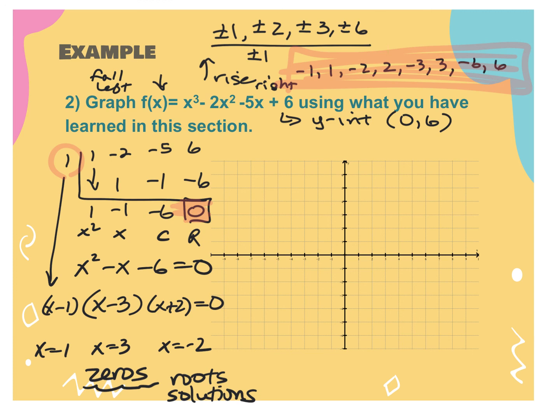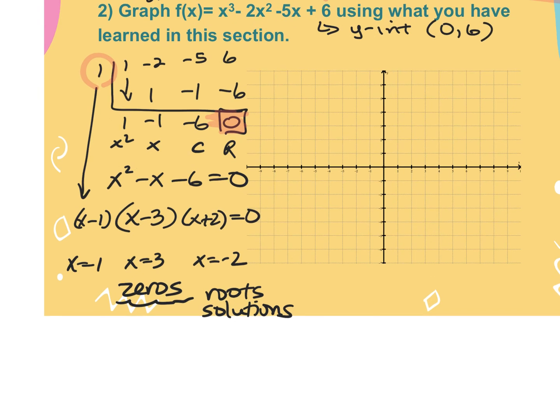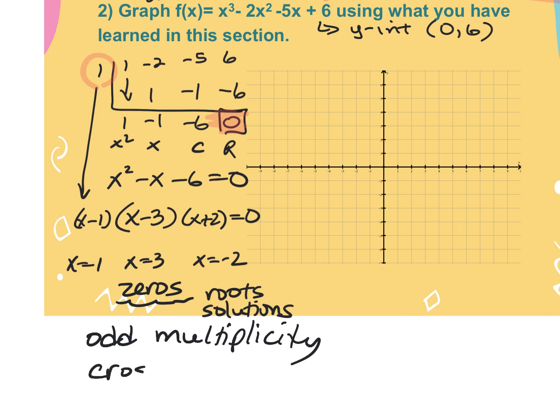Good? All right. All of the zeros occur one time. One's an odd number. So this has an odd multiplicity. This is going to tell me that all 3 of these zeros are going to cross the x-axis at each of these zeros.